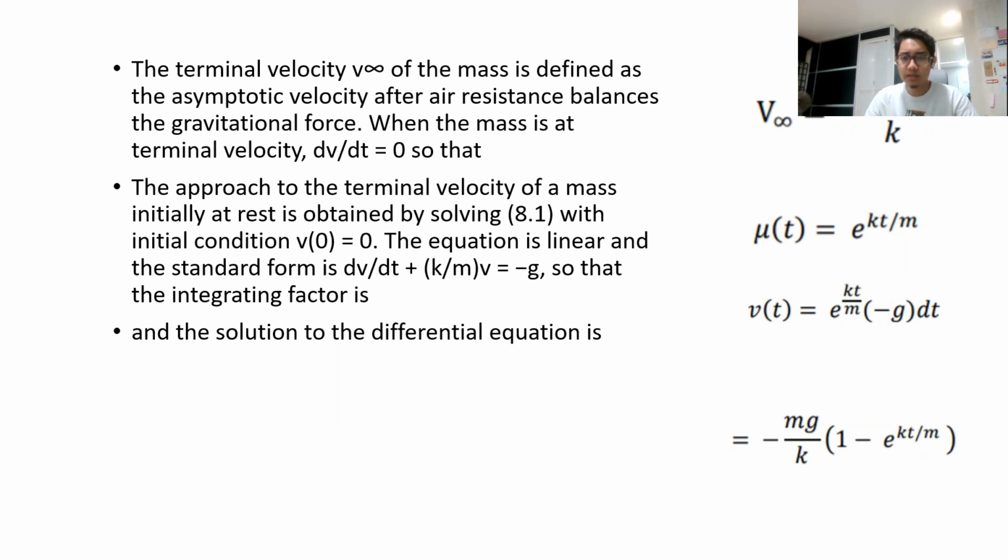The solution to the function is negative mg over k times 1 minus e to the power of negative kt over m. So that's the solution of the equation that we have.